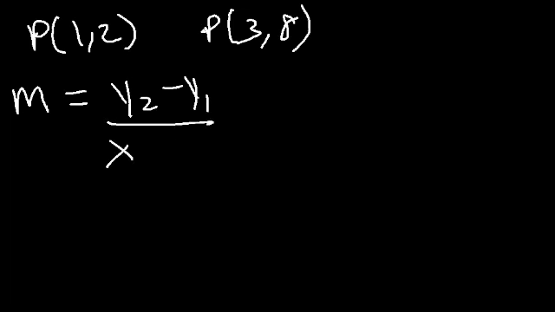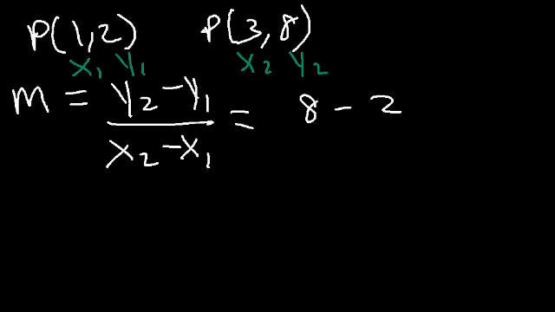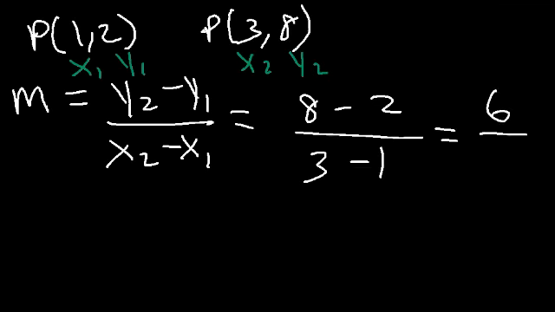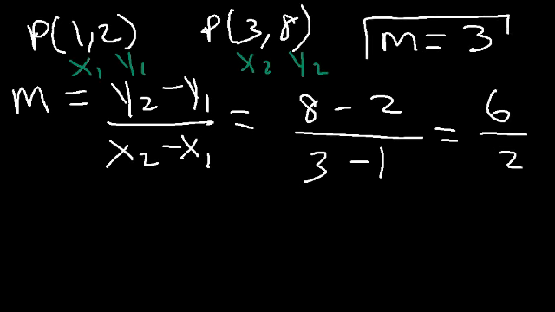It's the change in y divided by the change in x, or y2 minus y1 over x2 minus x1. So we're going to say x1 is 1, y1 is 2, x2 is 3, y2 is 8. So it's going to be 8 minus 2 divided by 3 minus 1. So 8 minus 2 is equal to 6, 3 minus 1 is 2, and so the slope is 6 divided by 2, which is 3.